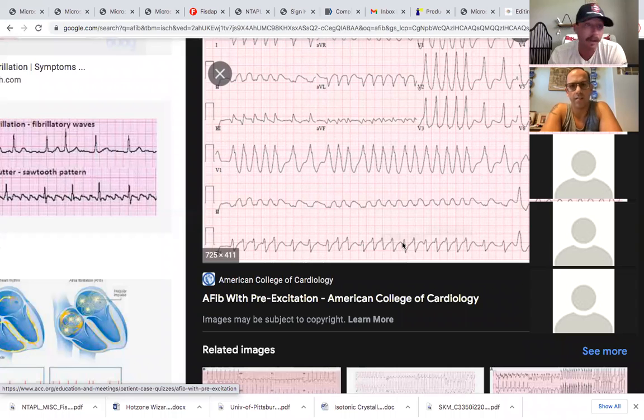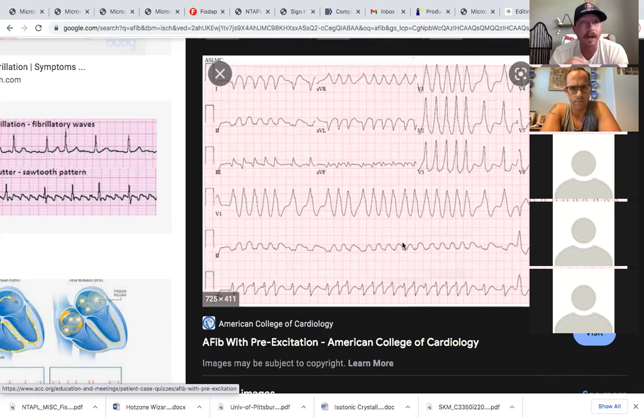So this is an example of AFib, and do I have a discernible P wave anywhere? No. I don't have any discernible P waves. I have an irregular rhythm, but it's wide. Well, it's still atrial fibrillation, but it's got an aberrant conduction, right? It's got an abnormal conduction through the ventricles. And because of that, it's giving this VTAC look, right? But this is actually atrial fibrillation.